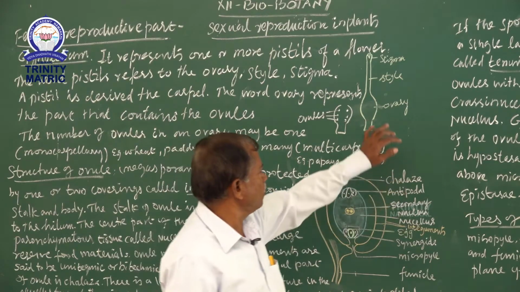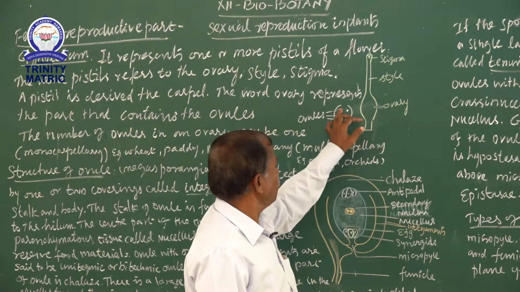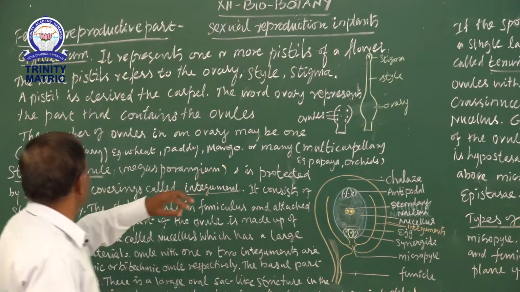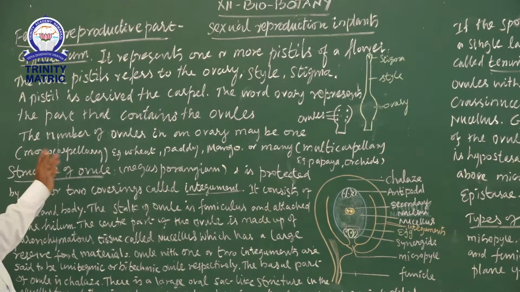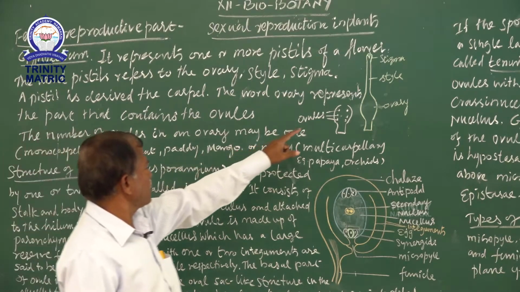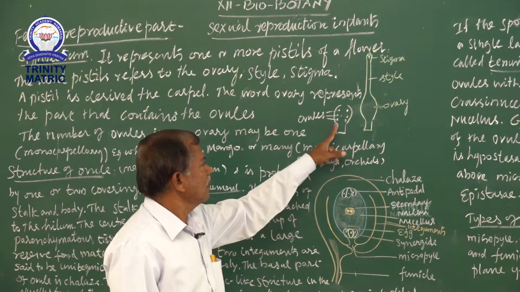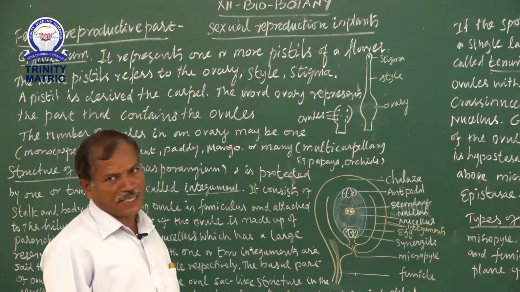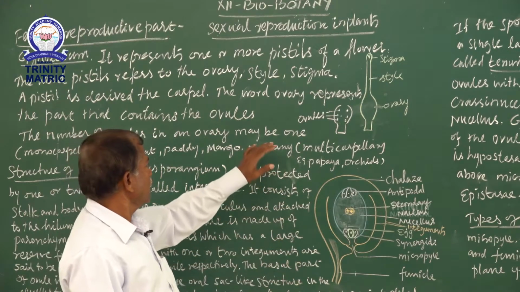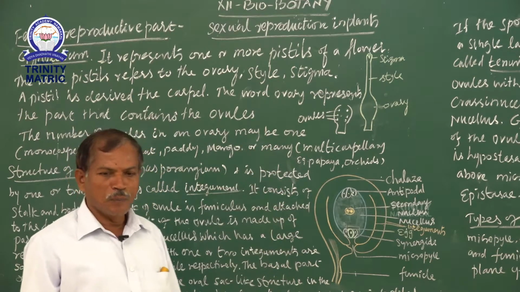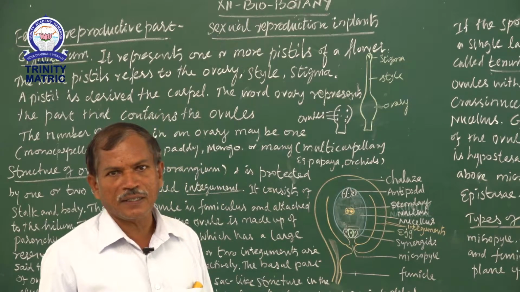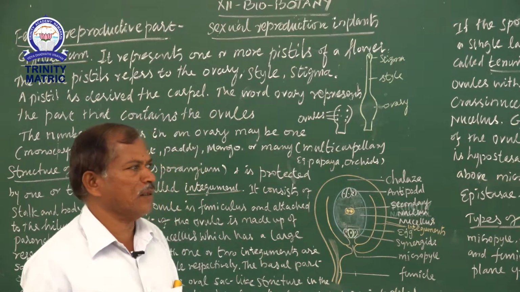Depending upon the number of carpels present in a gynoecium, it is called monocarpellary, bicarpellary, tricarpellary, tetracarpellary or pentacarpellary.